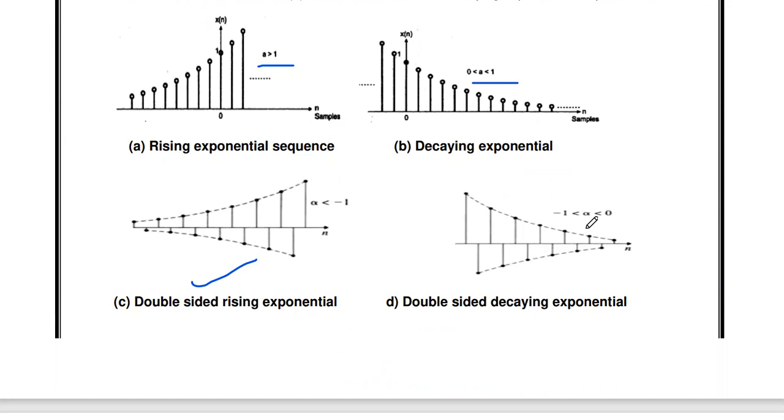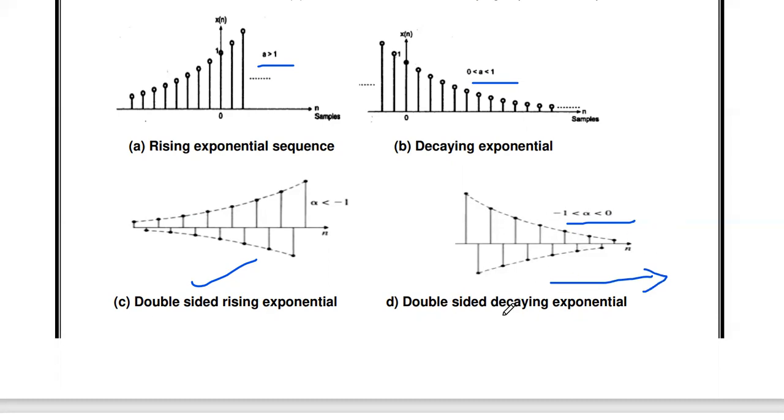Okay, and the fourth type, if alpha is between -1 and 0, for example alpha equal to -0.5. Alpha equal to 0.5 means decaying exponential. Similarly, for alpha -0.5, as time increases, the amplitude decreases on both sides.